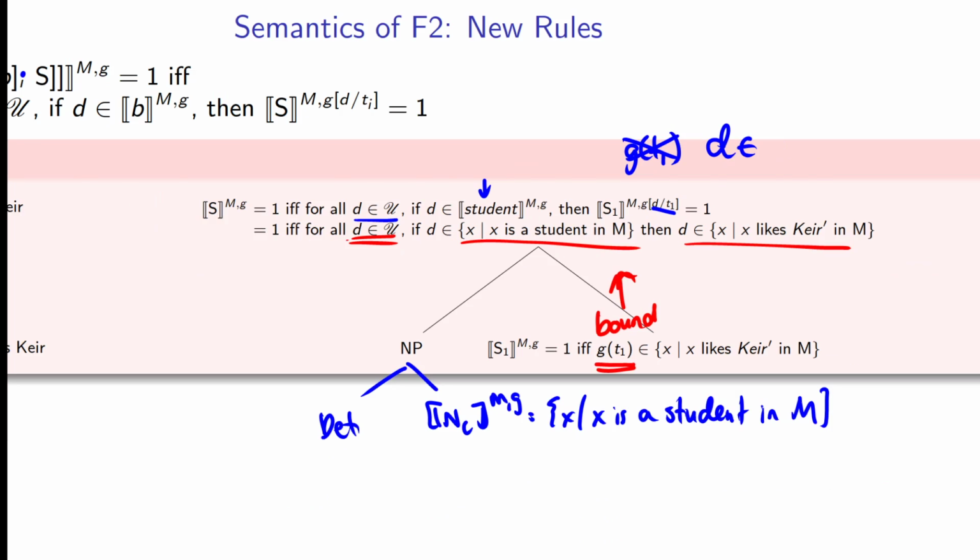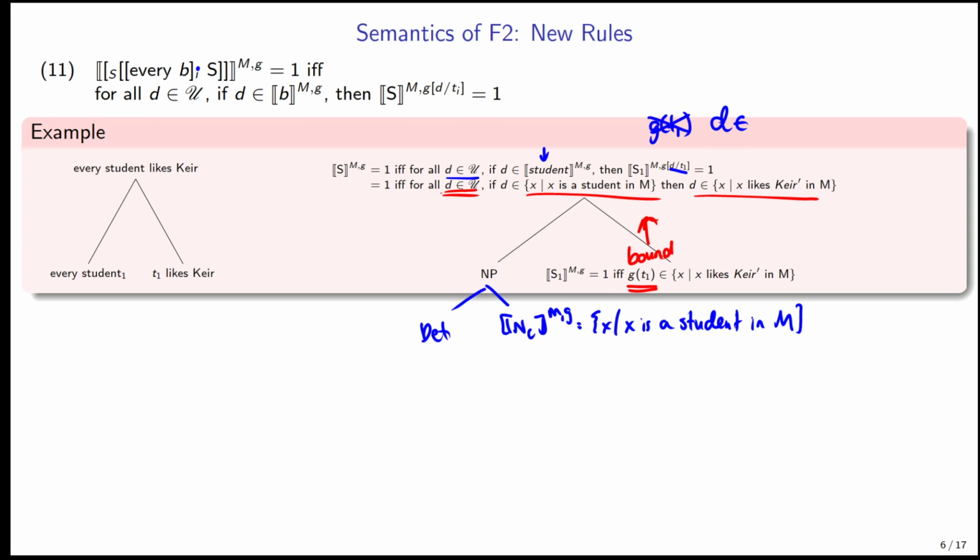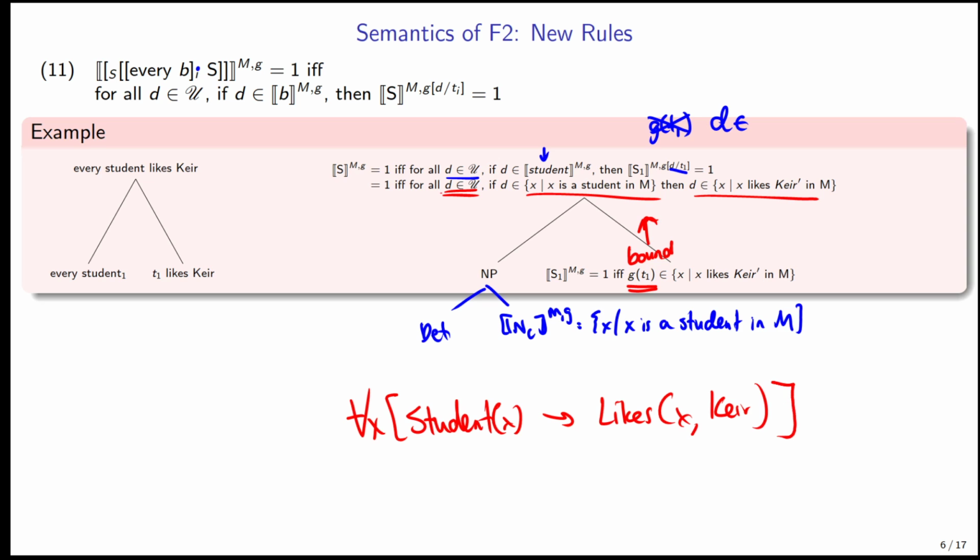So I want to take a step back and I want to think about this in terms of predicate logic. Every student likes Kier. For all X, if X is a student, then X likes Kier. So this is our translation, right?